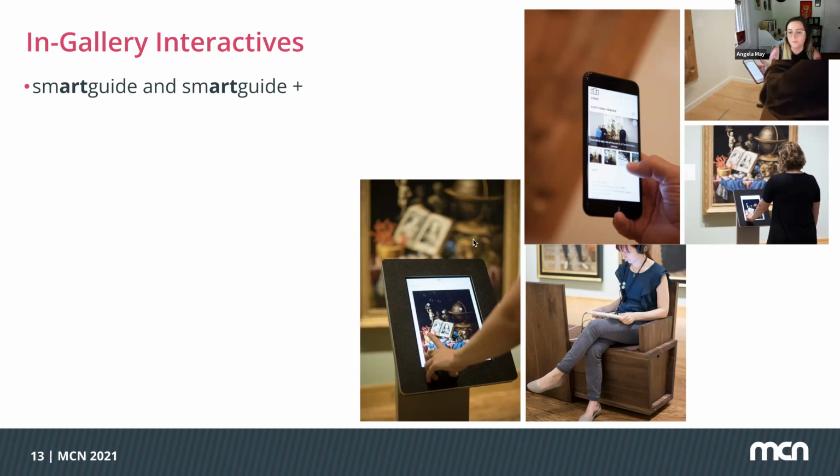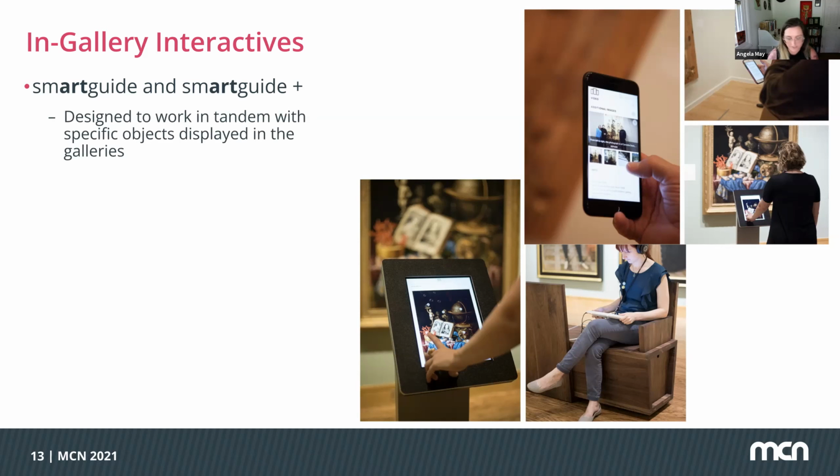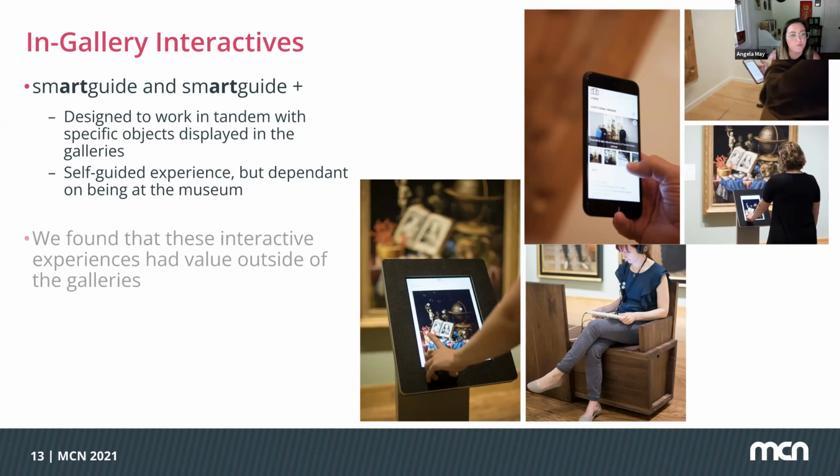And we also have Smart Guide Plus, which are interactive images and interactive storytelling. They're designed to work in tandem with specific objects displayed in the galleries. So it is a self-guided experience, but it's dependent on the visitor or early learner being at the museum.